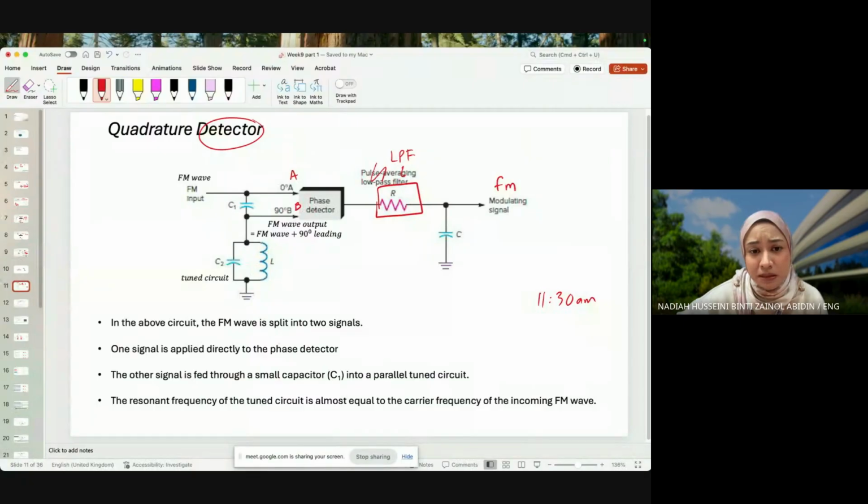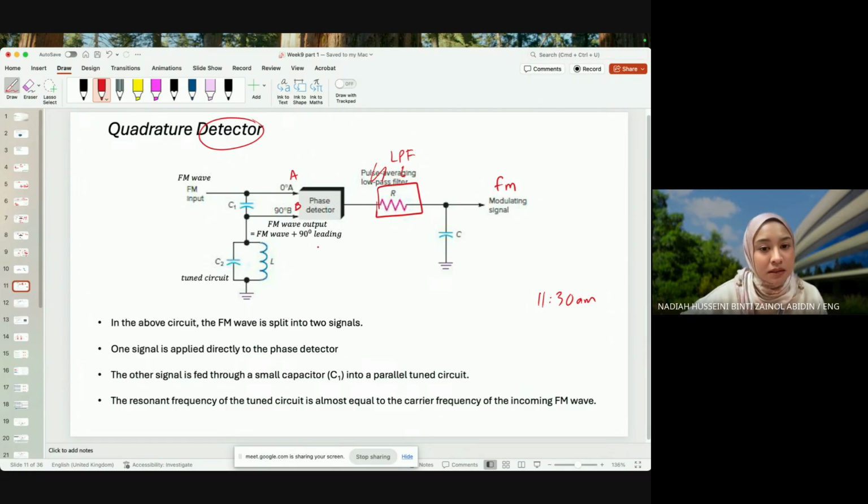So the second signal passes through a tuned circuit. It moves in the tuned circuit, and what happens is that it's going to produce the FM wave signal with 90 degrees leading, or it is phase shifted by 90 degrees.